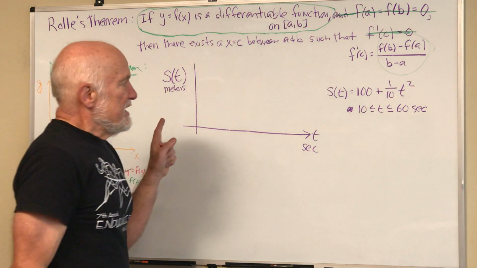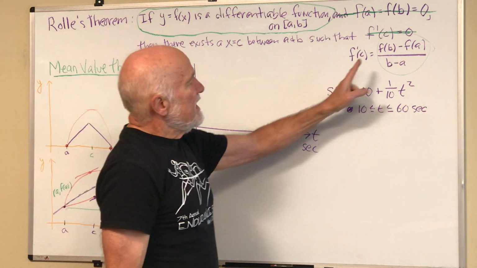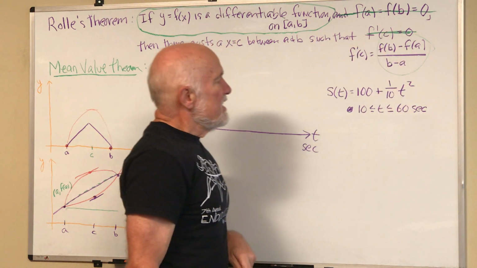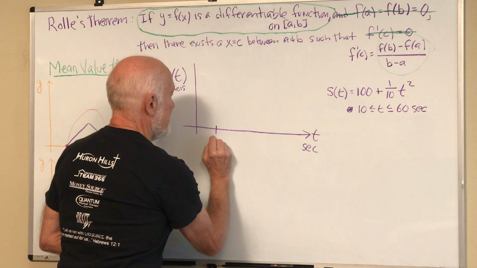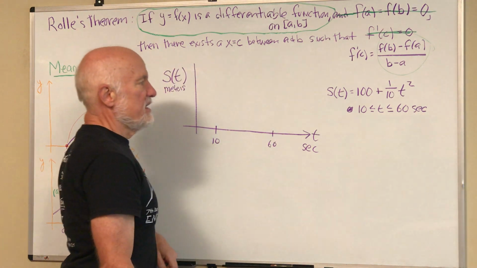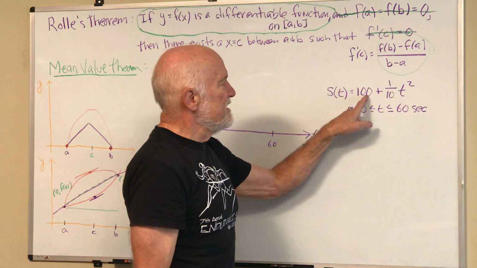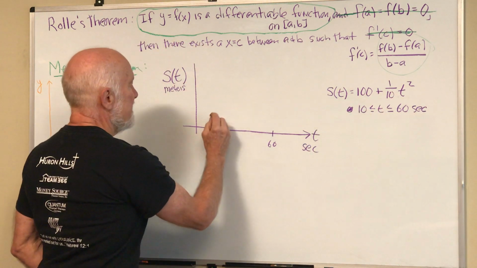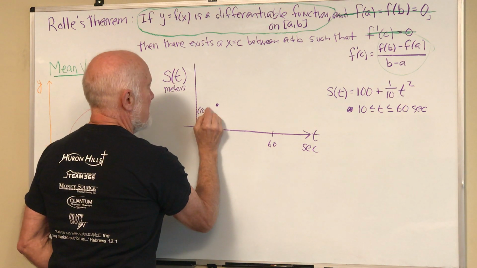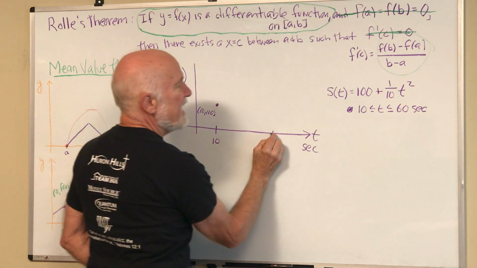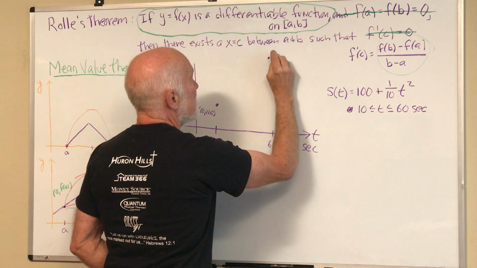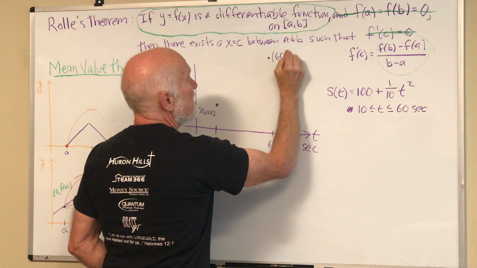Now, if we wanted to look at an expression similar to this, we would say a would be 10 and b would be 60. And at 10, this would be 110. So you'd have 10 at 110 meters, and at 60, you'd be at 460, if I did that right.